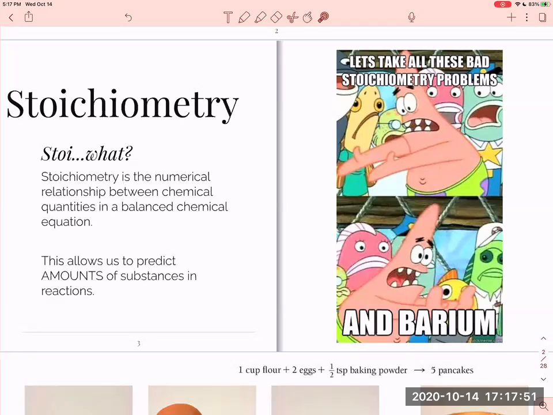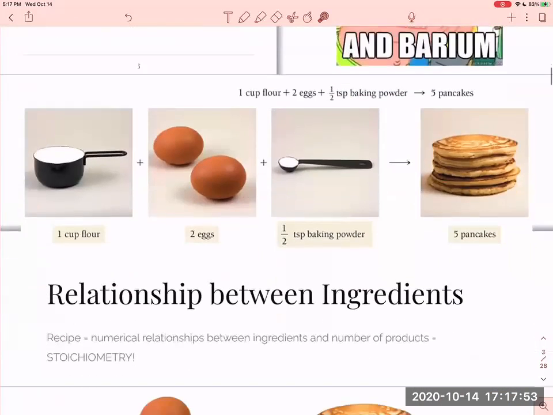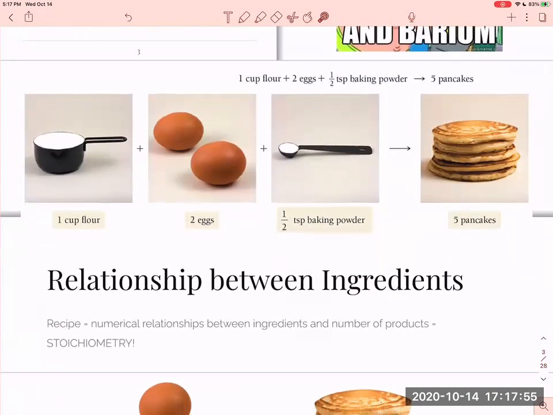But before we get into the chemistry of this, let me just reassure you that you actually already do this. You already explore the relationships between these things. If you've ever baked something and you've had to modify the recipe, you've done stoichiometry essentially. It's the same idea. So a recipe is kind of like the same thing as a chemical reaction.